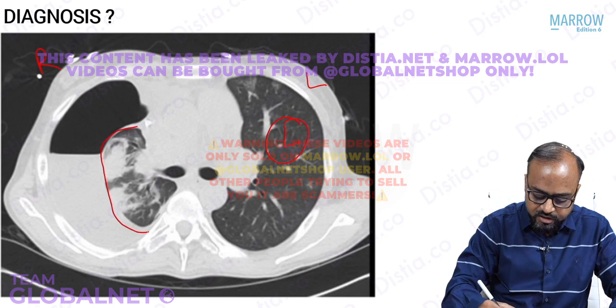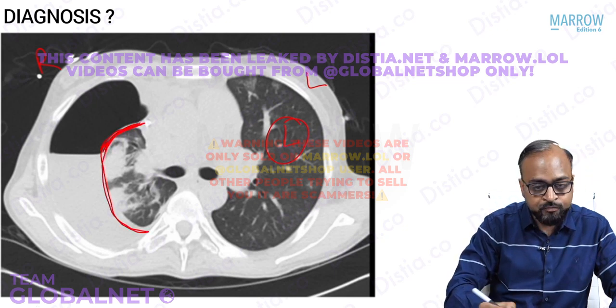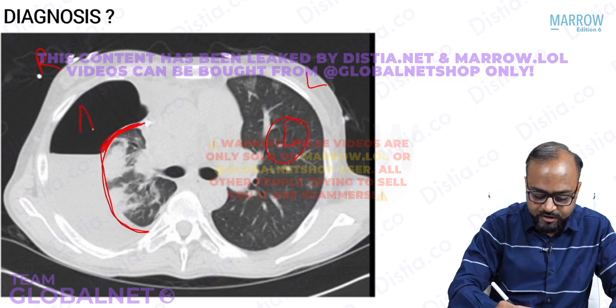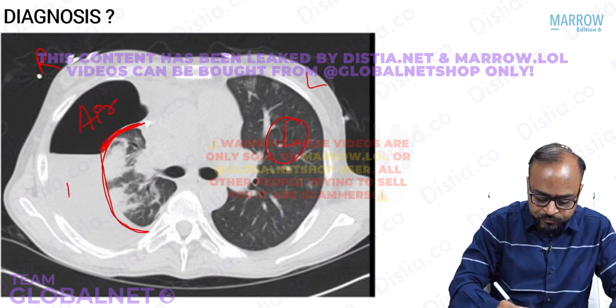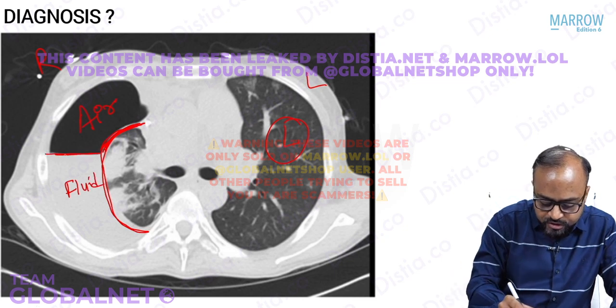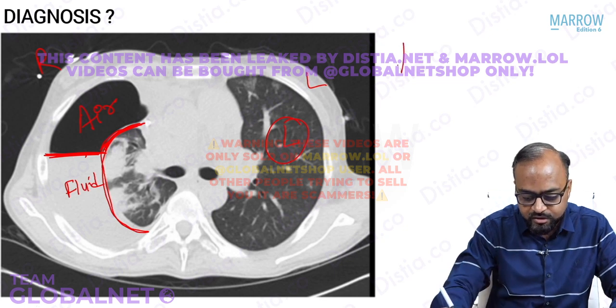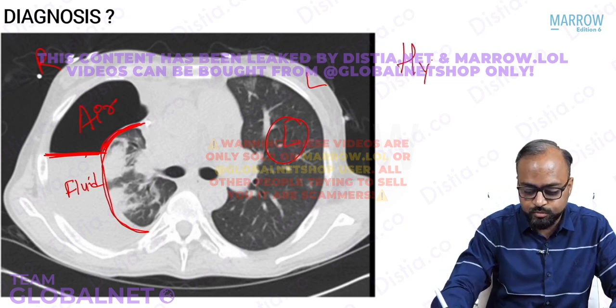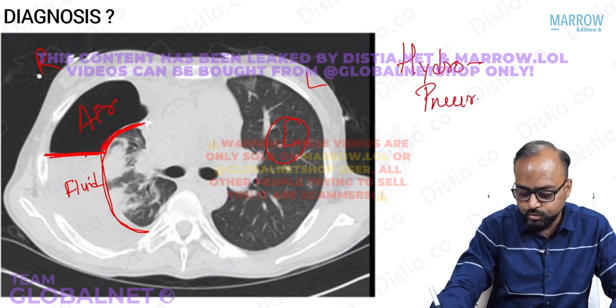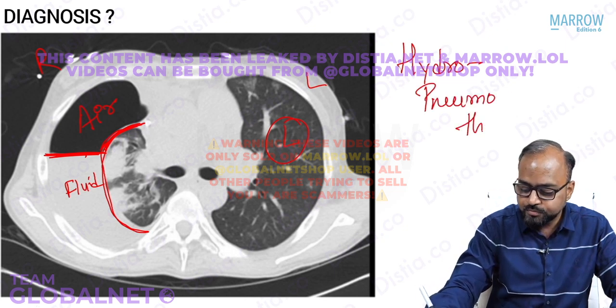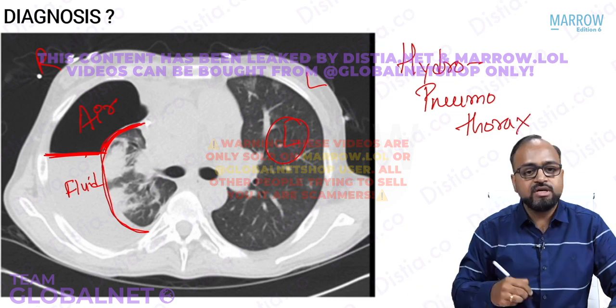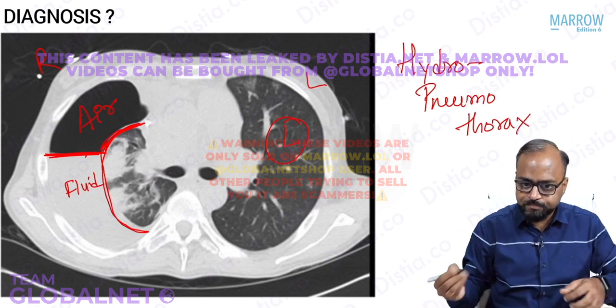This is the right lung, and this is the visceral pleural line there, but in the pleural cavity you are seeing air, you are seeing a white appearance here because of fluid, and you are seeing a perfectly horizontal air fluid level. So again here the diagnosis is hydropneumothorax.